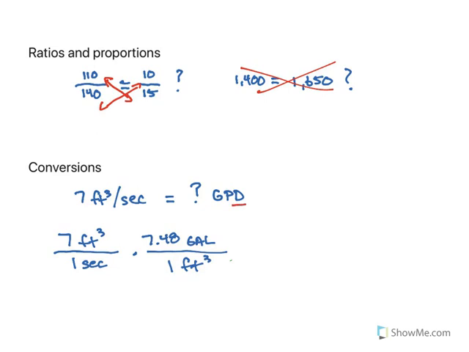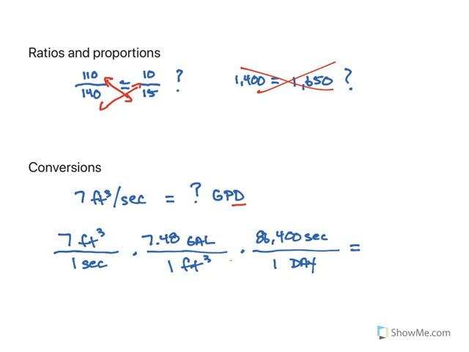So how many seconds are there in a day? Well, I happen to know that there are 86,400 seconds in a 24-hour day. So my problem sets up like this.